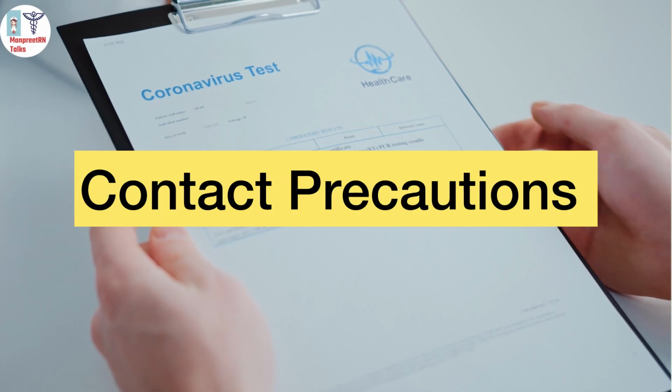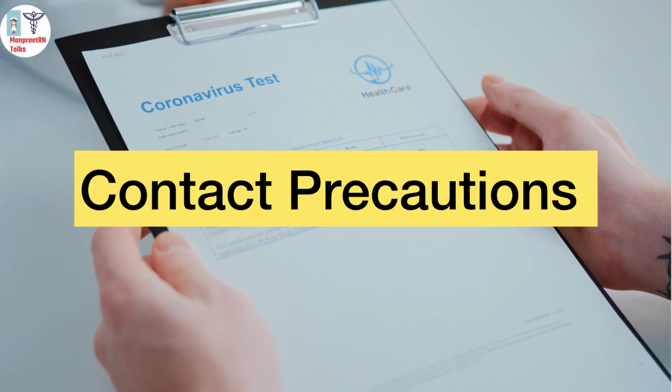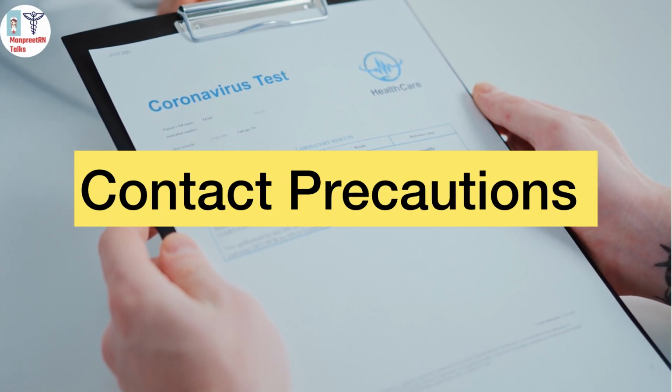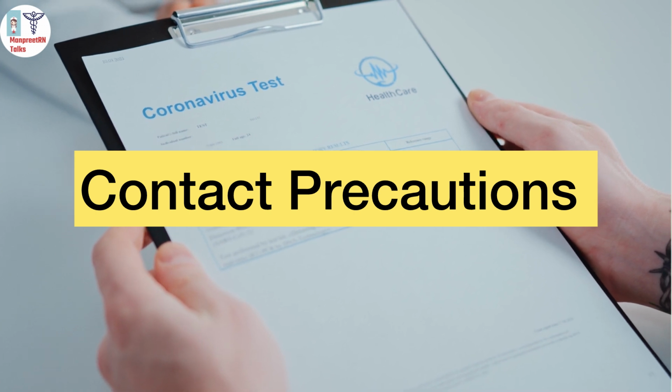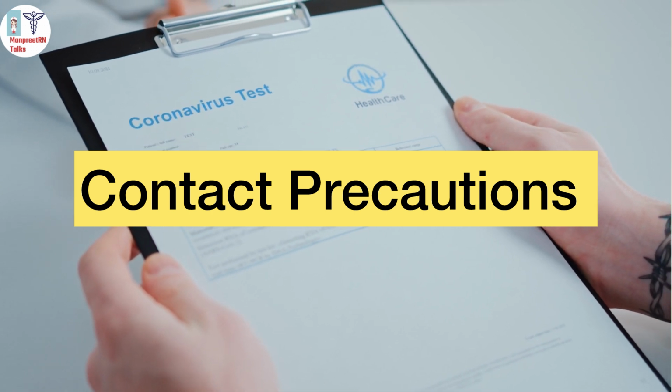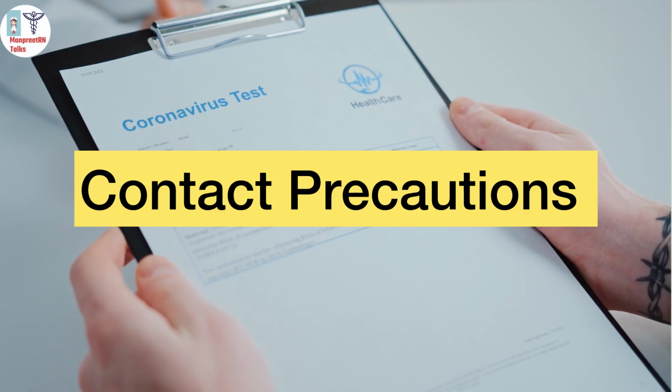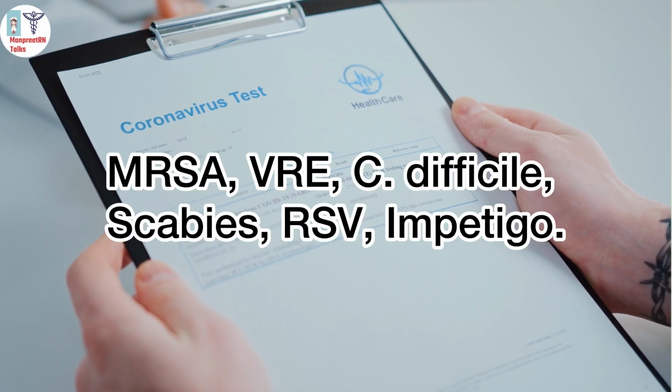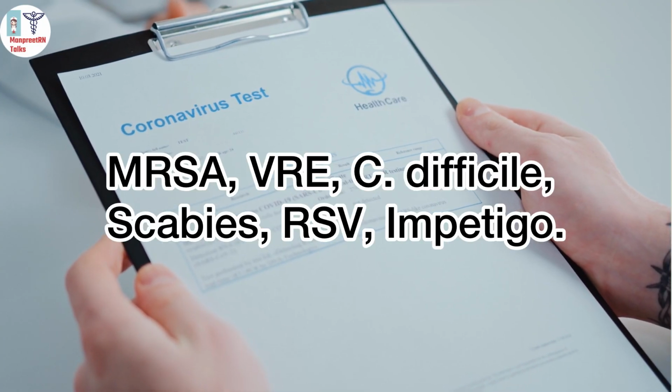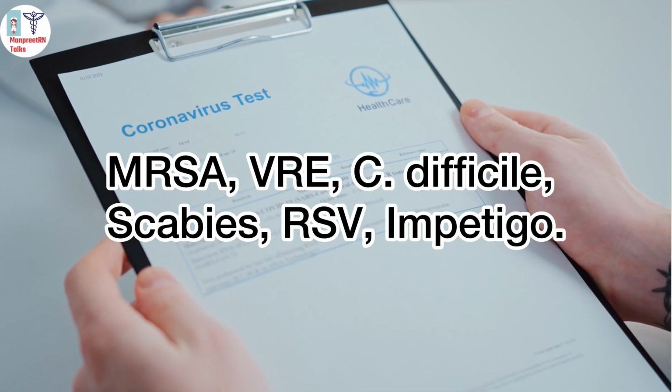So next is contact precaution. This precaution is used when infection spreads by direct or indirect touch. Diseases include MRSA, that is methicillin-resistant Staphylococcus aureus.